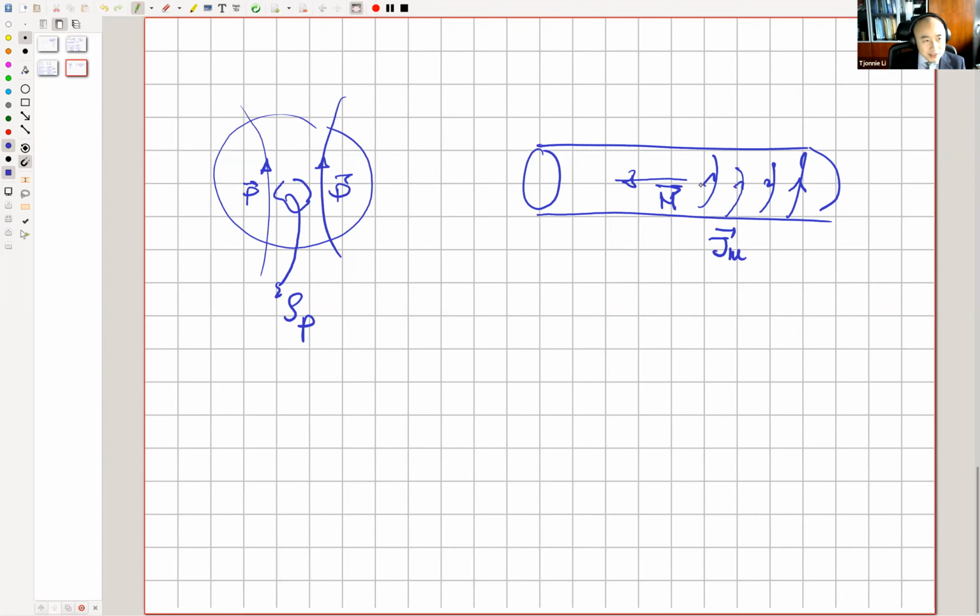We'll see more examples of this later on, because this topic can be quite tricky, especially when you have to consider different dielectrics and different magnetized materials. So for this chapter, I will focus a little bit on giving you some examples, and we'll see more later.